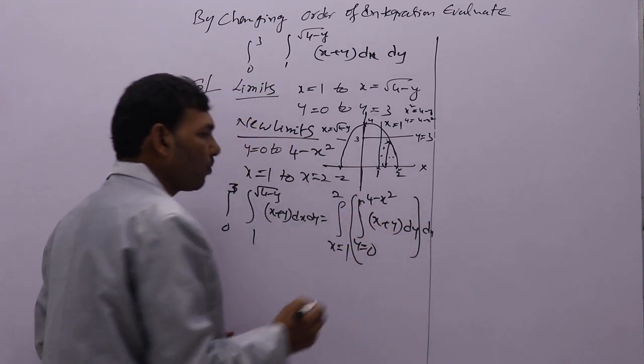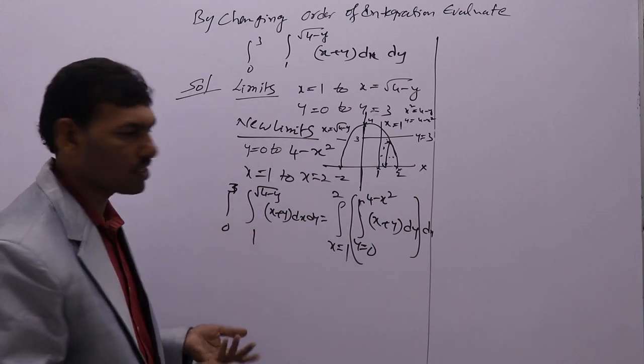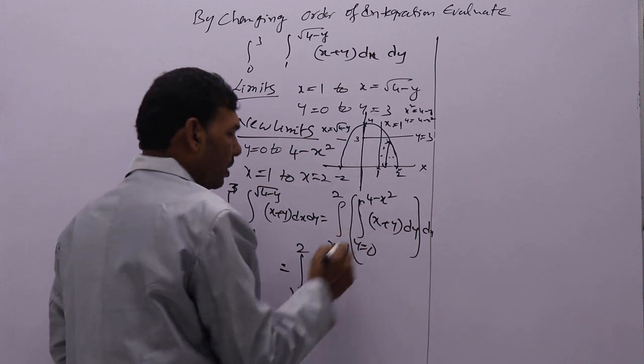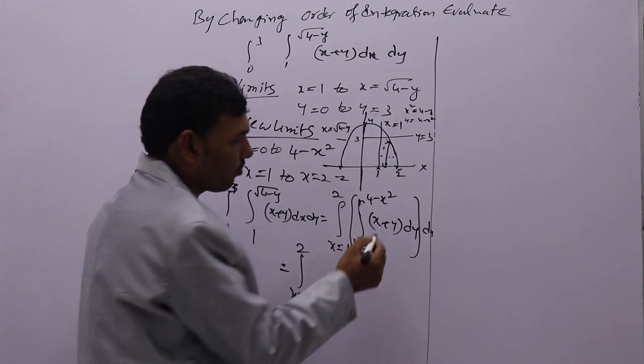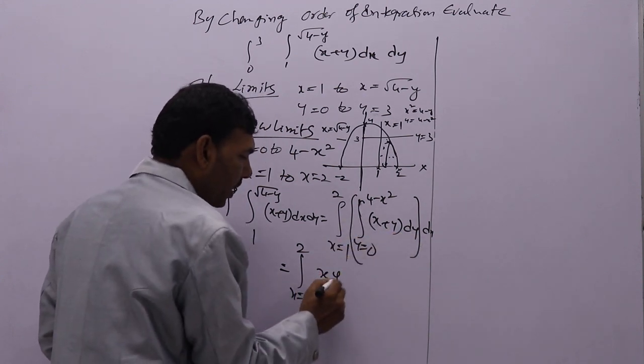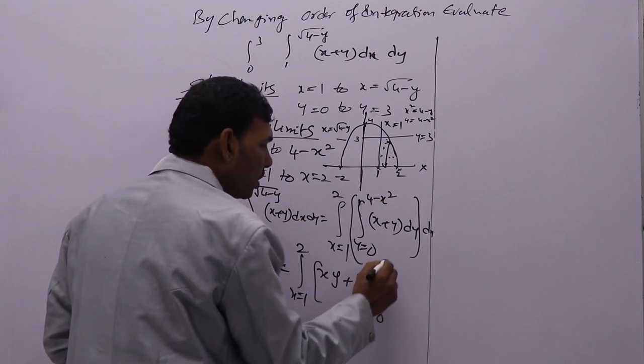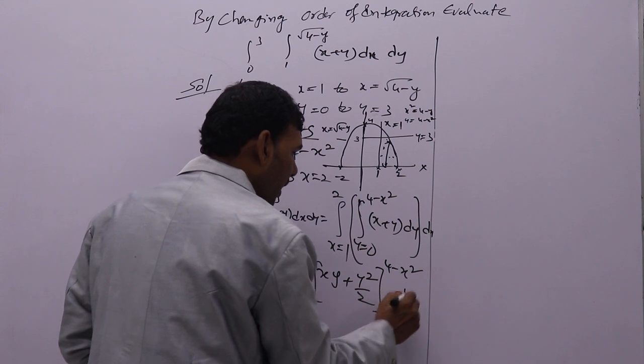First with respect to y you need to integrate keeping x constant. So x equal to 1 to 2, integral 1 dy is xy, integral y is y square by 2, limits from 0 to 4 minus x square, dx.